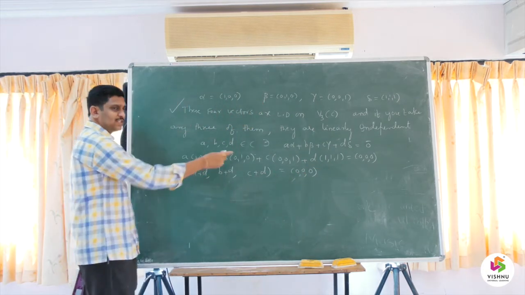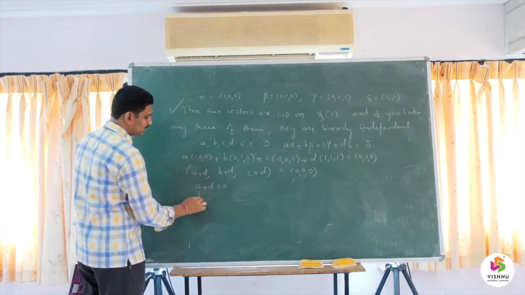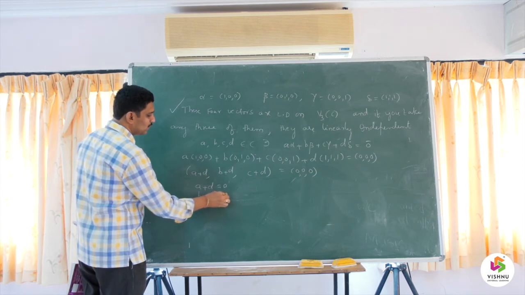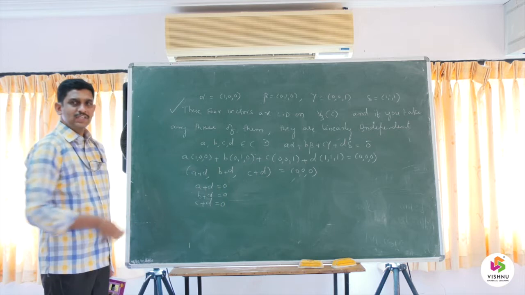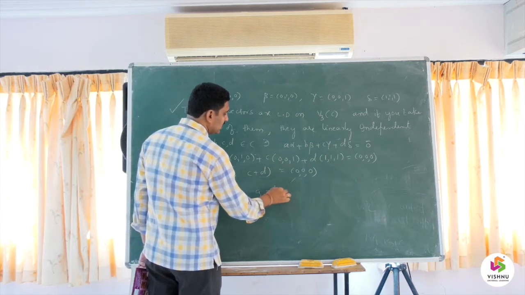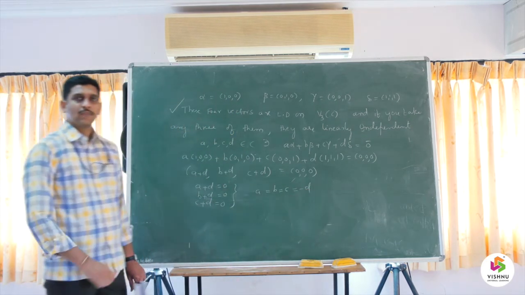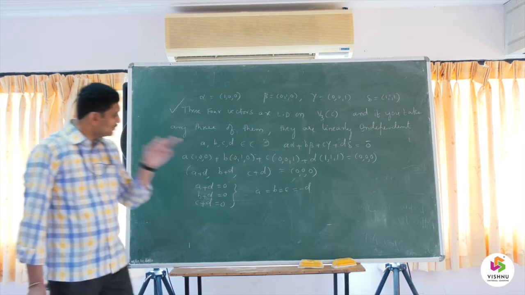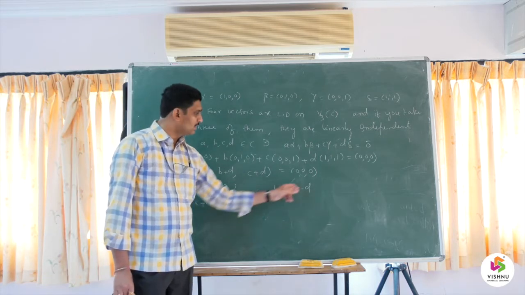Then equating the respective coordinates, you have a plus d equal to 0, b plus d equal to 0, and c plus d equal to 0. From this we conclude that a, b, c, all the 3 values are equal to minus d. What does it mean? The values of a, b, c are totally dependent on the number d.